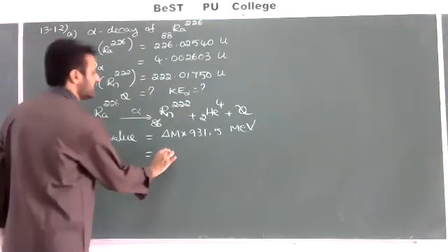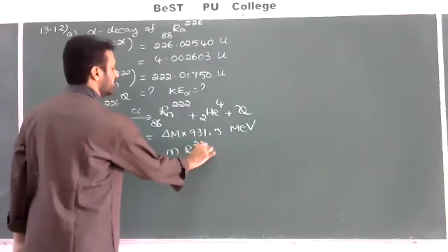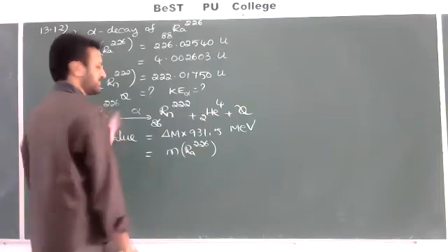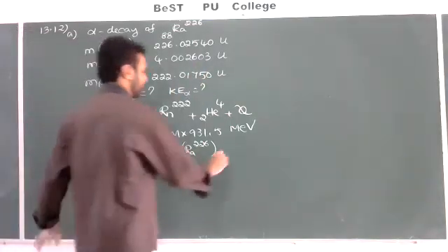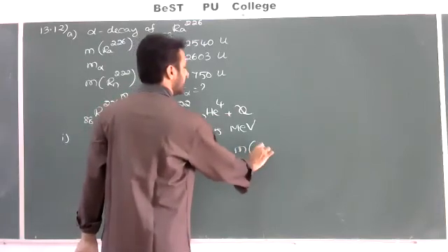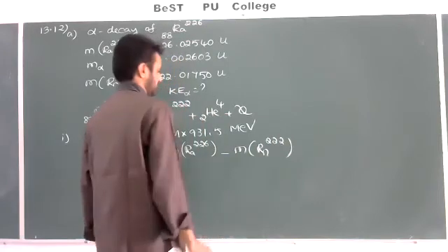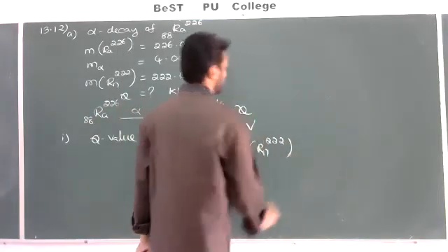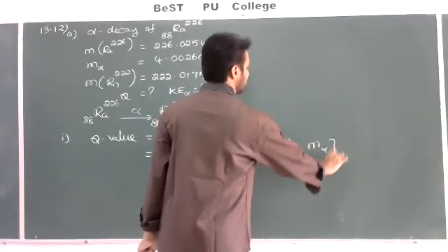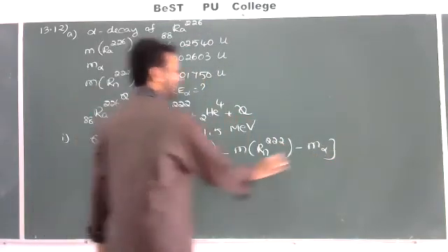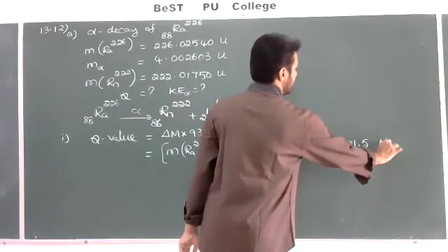The reactant is radium 226, on the left side. The right side are the products: minus mass of radon Rn 222, minus mass of the alpha particle, into 931.5 MeV.